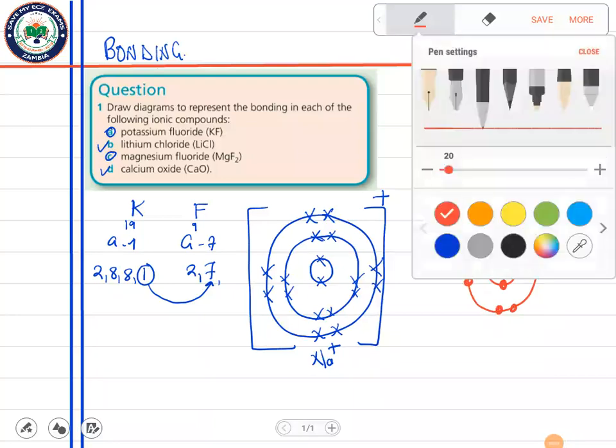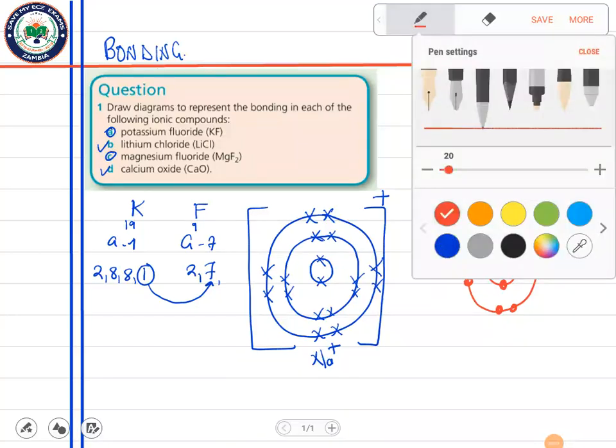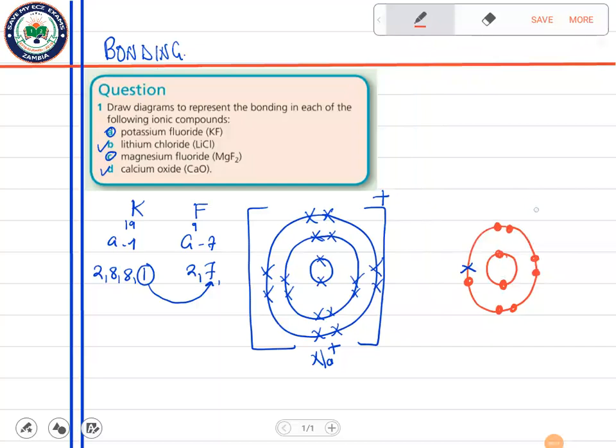Then we know that 1 electron was donated to fluorine, so there will be an X. This X is an electron coming from potassium, which now will give us something like this. Then put a minus there to show that fluorine gained 1 electron. So there was a transfer of an electron. So this is all that you do. You show. It's simple as that.